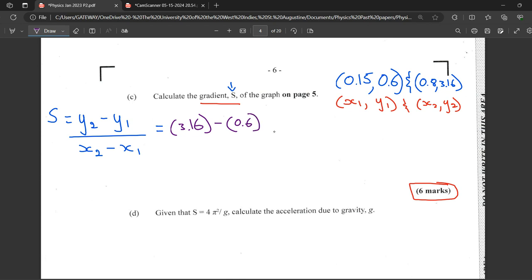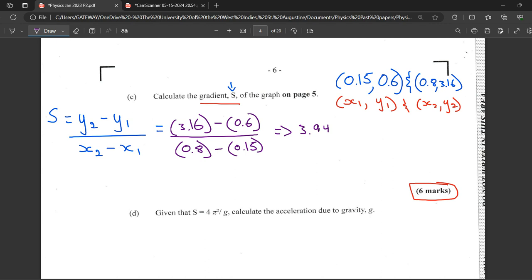Since we're doing substitution, I'm writing this in brackets. All over x2, which is 0.8, minus x1, which is 0.15. So you just have to work that out now, and we get 3.94.